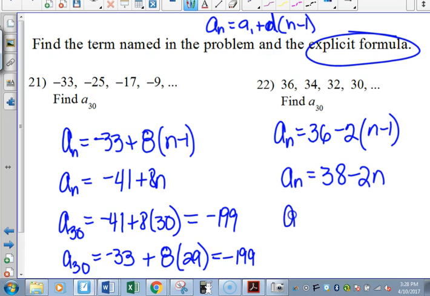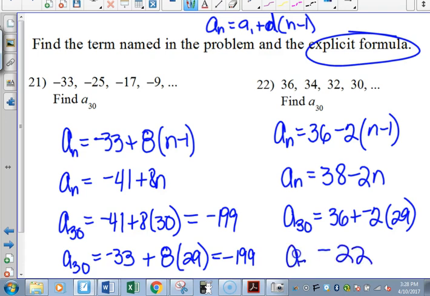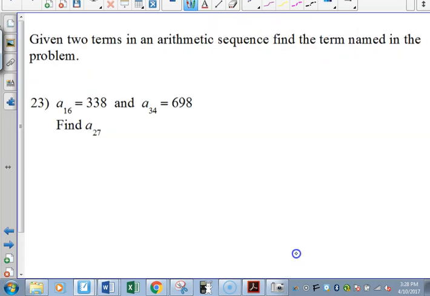Okay, so the 30th term, you could put a 30 in here, or you could just say the first term and negative 2 29 times. What is it? Somebody else get negative 22 as the 30th term? We're just getting to the fun ones.